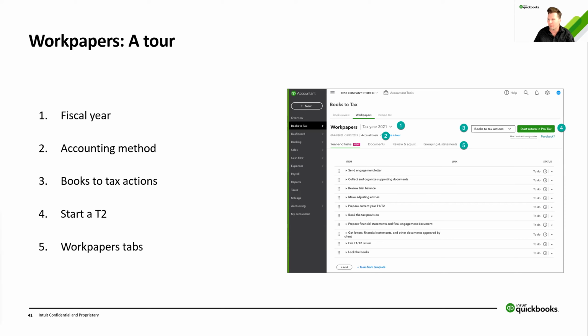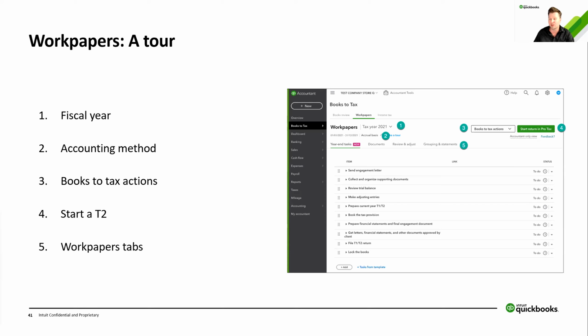Bubble number 3, the Books to Tax actions. So that's that list of 4 tabs, and we'll go through those with the year-end tasks, the documents, the review and adjust, and the grouping and statements. We'll be talking about all of those today. Number 4, the green button at the top right hand is the Start Return in ProTax.